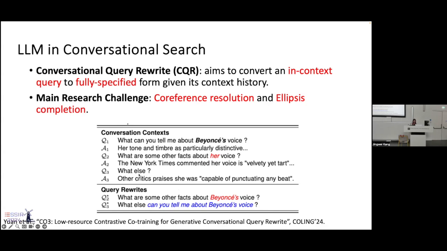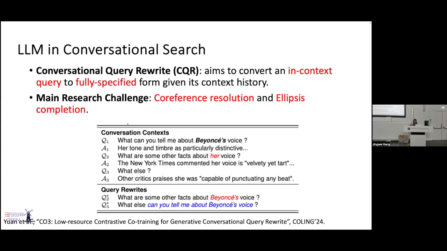And most traditional methods just train a sequence-to-sequence model, which takes the conversational history as input and is fine-tuned to generate these query rewrites. But it has certain limitations. First of all, it's really hard for us to collect these conversations with the gold rewrites, which means we have to hire a lot of people to manually perform the rewriting.